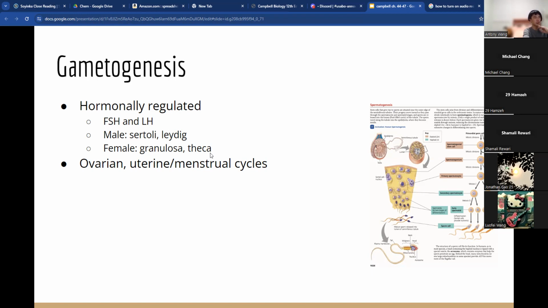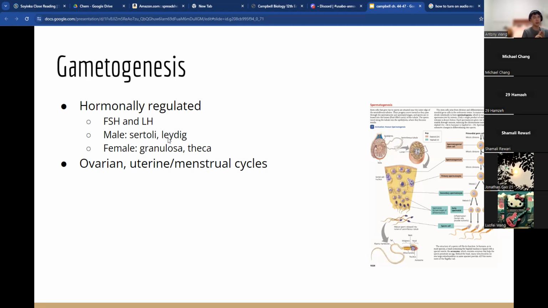So both granulosa and theca cells will nourish the developing follicle. That's the difference, right? For males, only Sertoli cells will nourish the sperm. Leydig cells only produce androgens, not nourish the sperm.